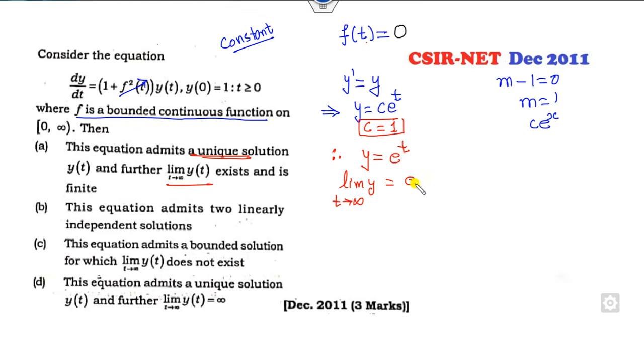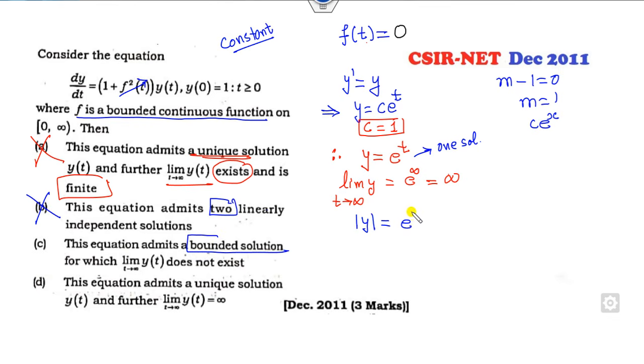So what is the value of this? It is infinity, but the option said it exists and is finite, so this option is cancelled out. This equation admits two linearly independent solutions, but we get only one solution, so this option is also cancelled out. Does this admit a bounded solution? We can check the modulus of y is e raised to power t, and clearly e raised to power t is an unbounded function.